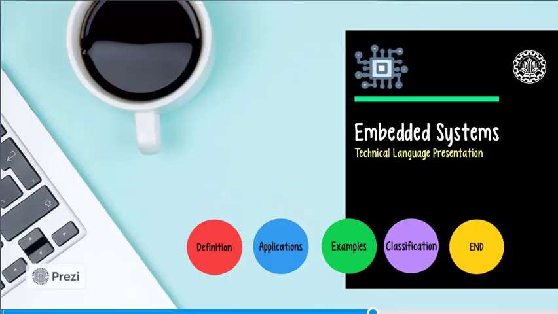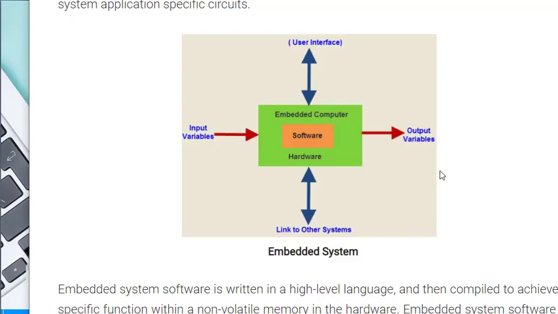Now for the classification of embedded systems, before we proceed, this is a figure of how an embedded system is organized. An embedded system is a combination of computer hardware and software, as you can see. As with any electronic system, this requires a hardware platform that is built with a microprocessor or microcontroller.